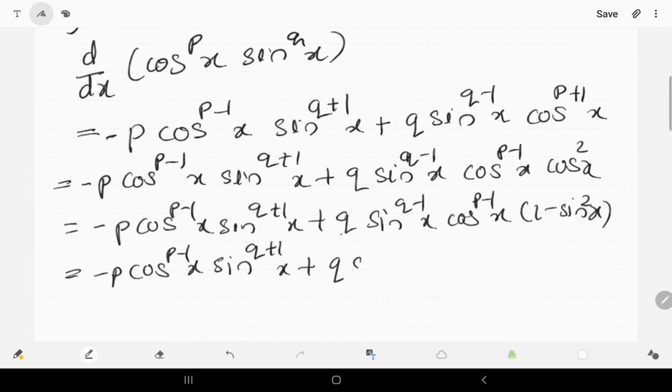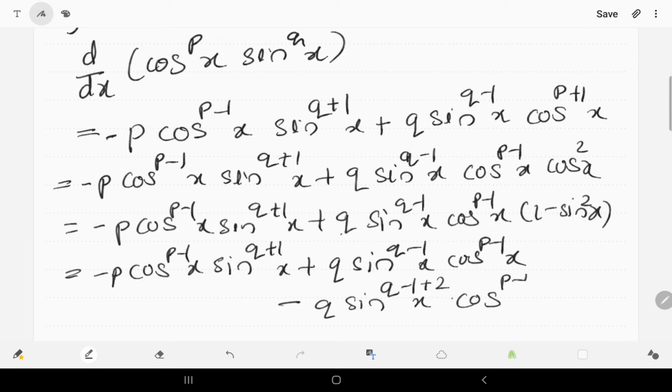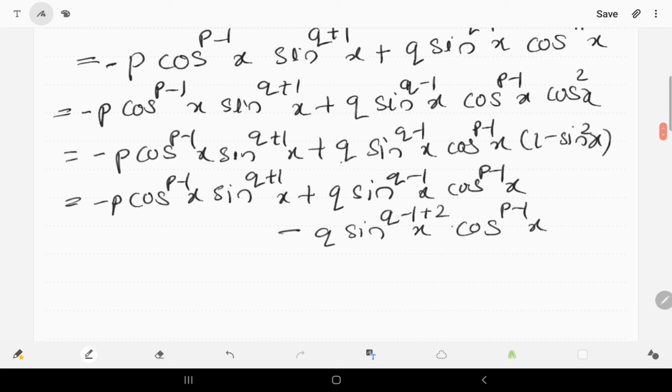So it becomes q sin raised to q minus 1x cos raised to p minus 1x, plus, minus minus q sin raised to q minus 1 plus 2 sin square x is there, into cos p minus 1x. Now sin raised to q minus 1 plus 2 is q plus 1.